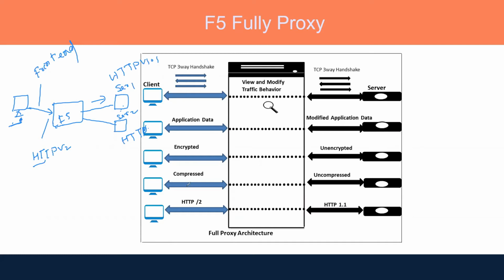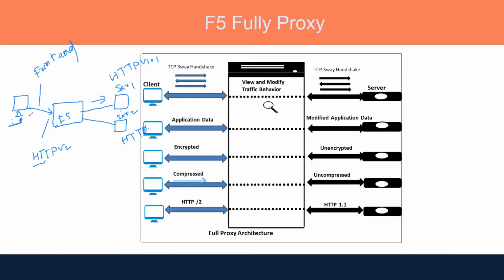Another advantage you can get when you are using a full proxy is compression. Let's say this request is coming from the WAN, where it requires more bandwidth. Compression is required here because WAN links are really slow.